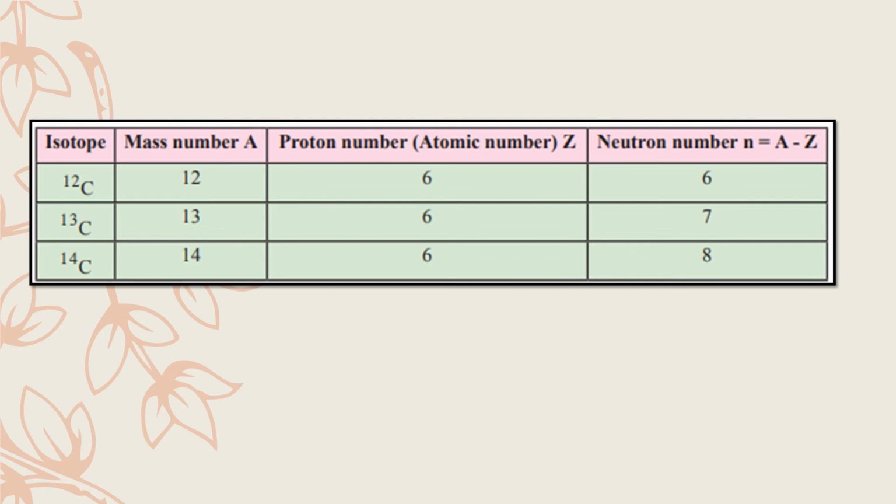Then proton number according to atomic number only, because atomic number of carbon is 6. Now neutron number we can calculate, that is A minus Z, so we will get neutron number as 8. So though atomic number is same, the neutron number can change for these isotopes because their mass number changes.